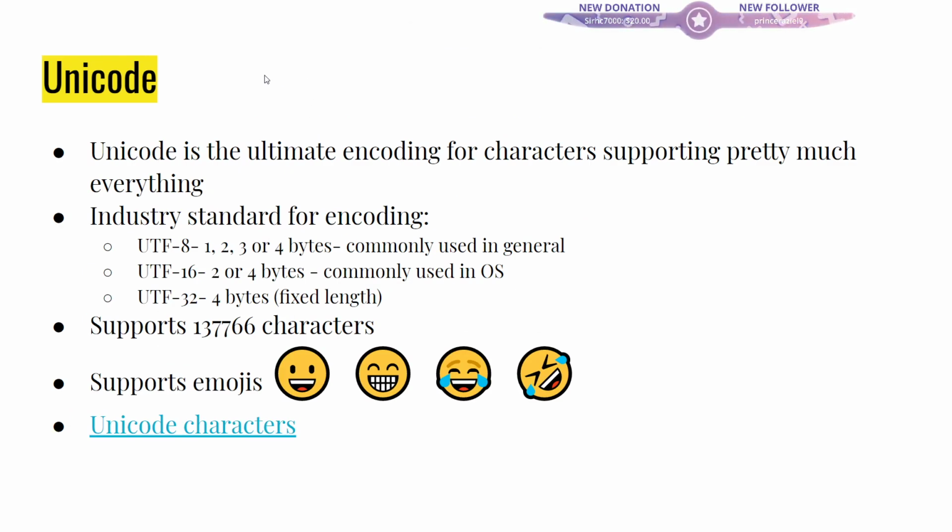Anyways, roughly in 2003, Unicode came into town, and Unicode is now the standard for encoding, which supports pretty much all characters. In total, it supports 137,000 characters, which is quite crazy.